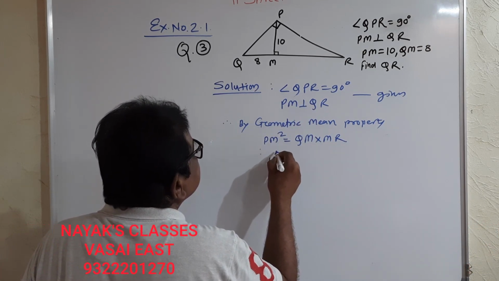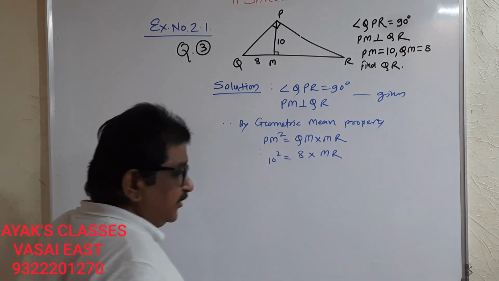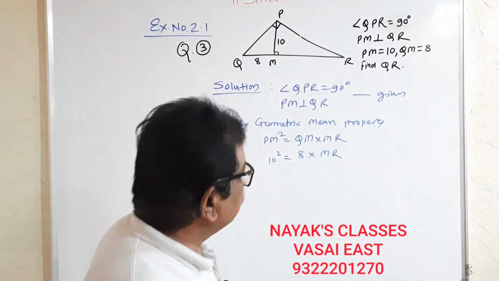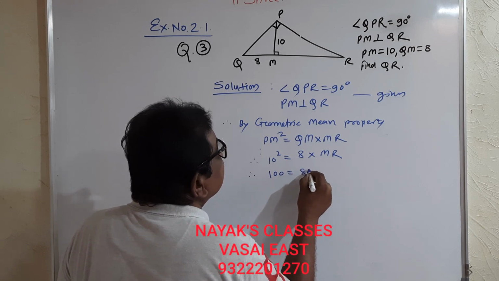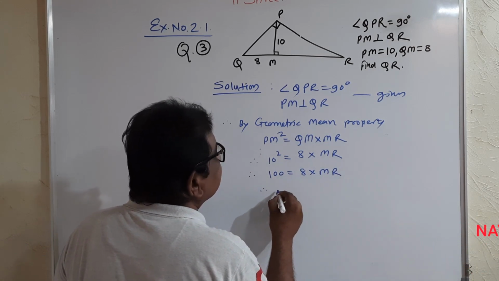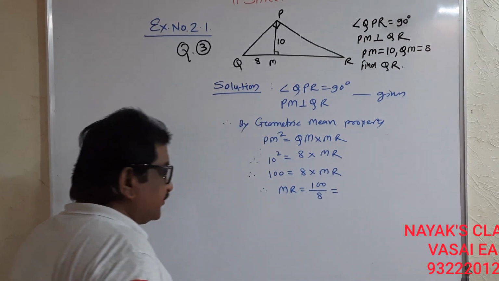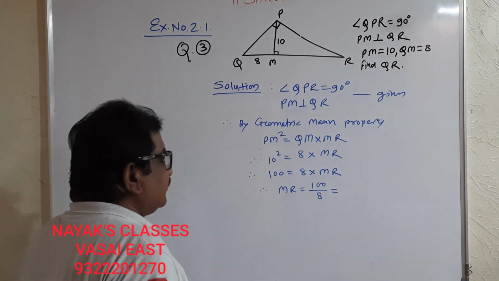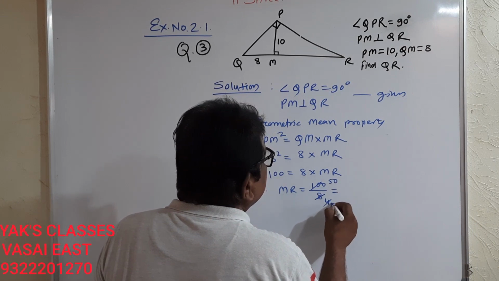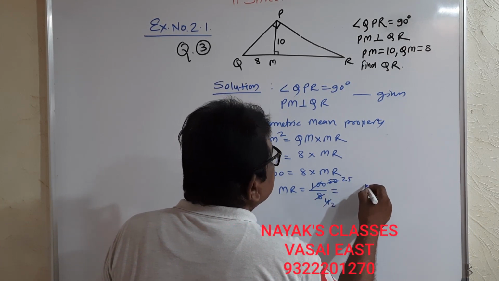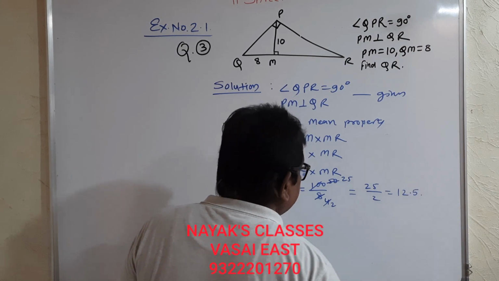PM is 10, so 10 square is equal to QM 8 into MR. We do not know the measurement of MR. Therefore 100 is equal to 8 into MR. Therefore MR is equal to 100 upon 8, which is equal to 25 upon 2, which is equal to 12.5.